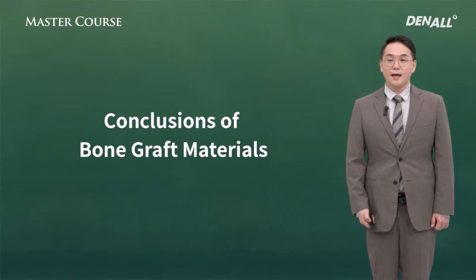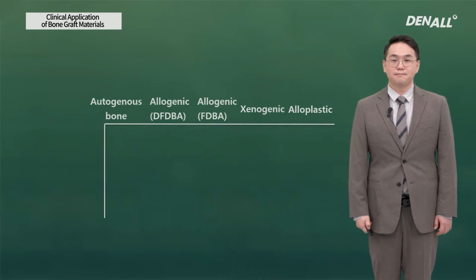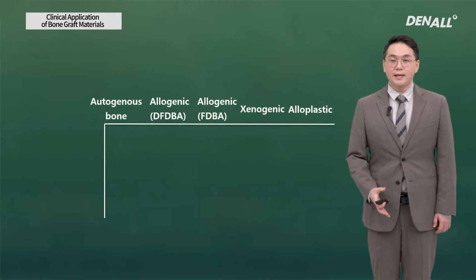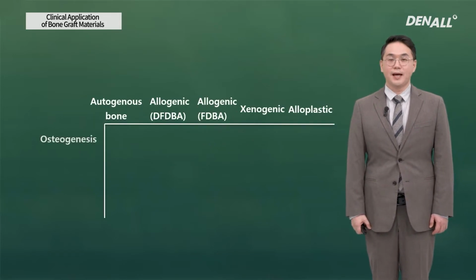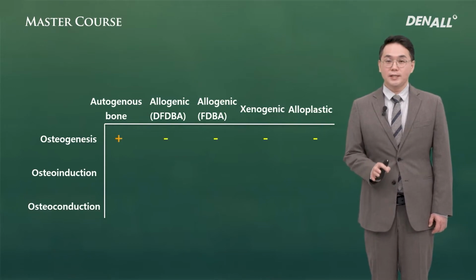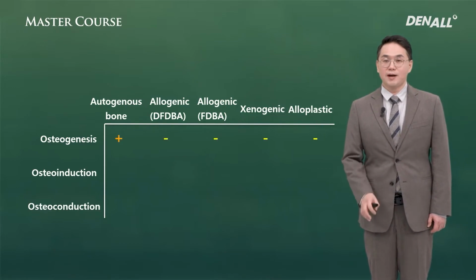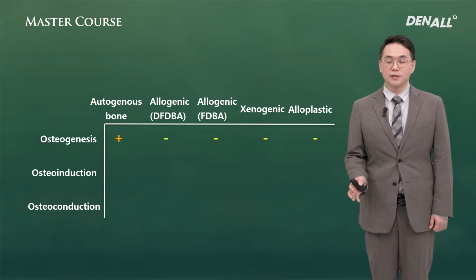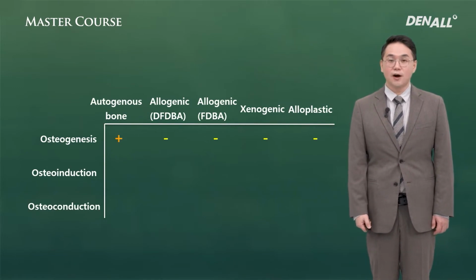Conclusions of bone graft materials. There are three mechanisms of bone regeneration: osteogenesis, osteoinduction, and osteoconduction. Osteogenesis: osteoblasts in the material are grafted, and from the inside of the graft material, bone formation is achieved directly.